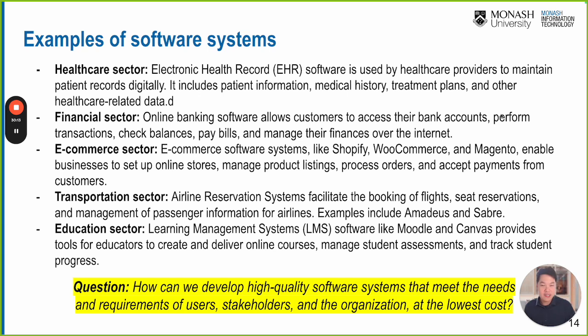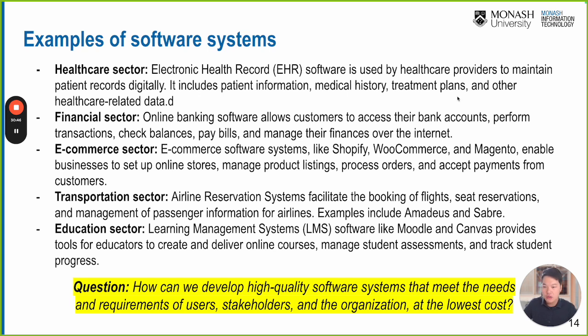There are different types of software systems across different sectors like healthcare, financial, e-commerce, transportation, education. Every company right now becomes like a software company. Think about transportation like Transurban, Linkt, or Jetstar, Qantas. They use lots of software to manage the reservation, operation, manage everything.